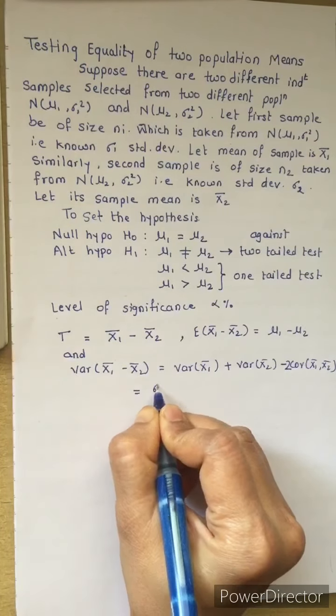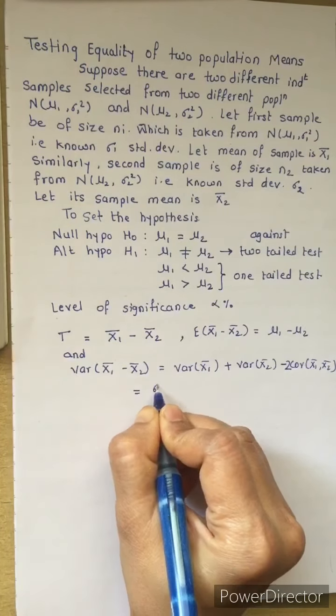For the two-tailed test our critical region is mod z greater than z alpha by 2. Here we have a two-tailed test and therefore we see the value z alpha by 2 at the given alpha percent level of significance.